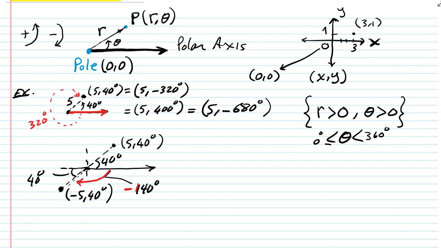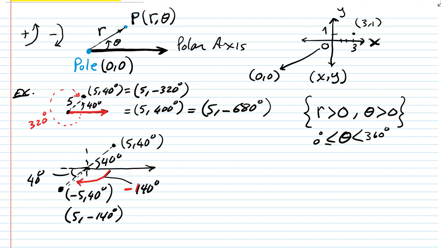The measure of the angle. And therefore, that makes it 180 again. 140 and 40 makes 180. So I can actually write a representation of this point, negative 5, 40 degrees, as 5, a positive 5, and negative 140 degrees. Right? That would be exactly the same point.